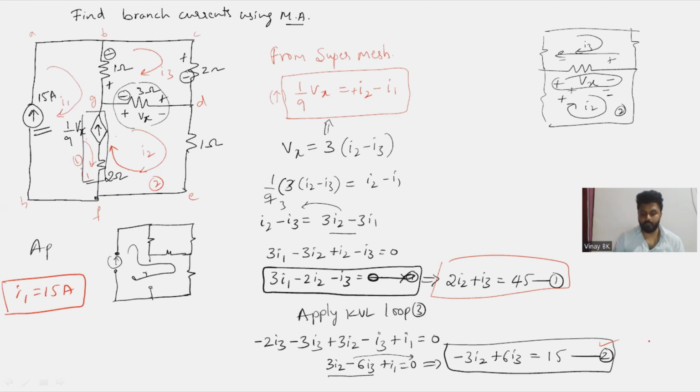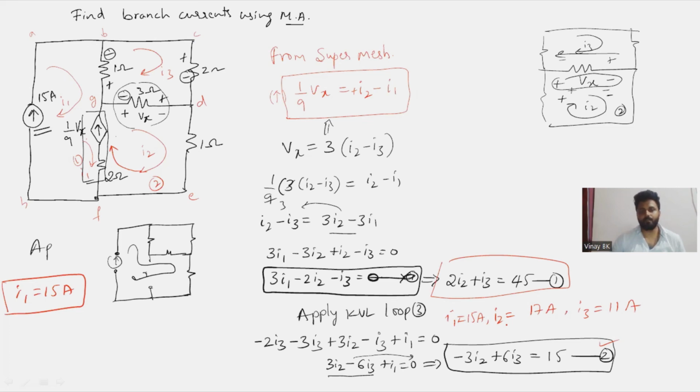Similarly, minus 3, 6, equals 15. You can get the value of I2 as 17 amperes and the value of I3 as 11 amperes, and you already know the value of I1, that is 15 amperes.